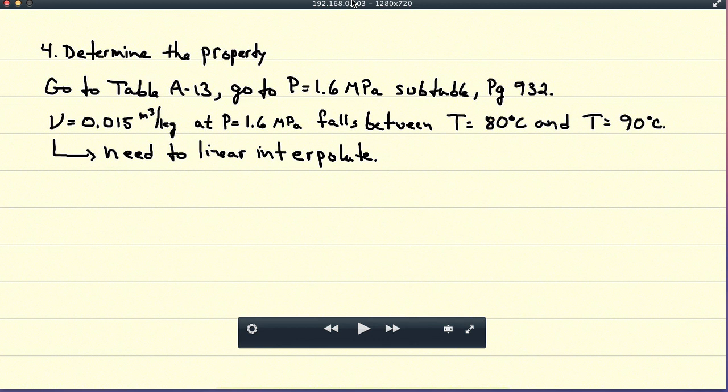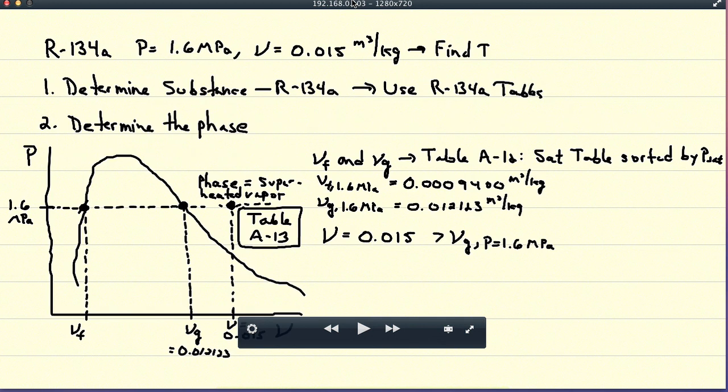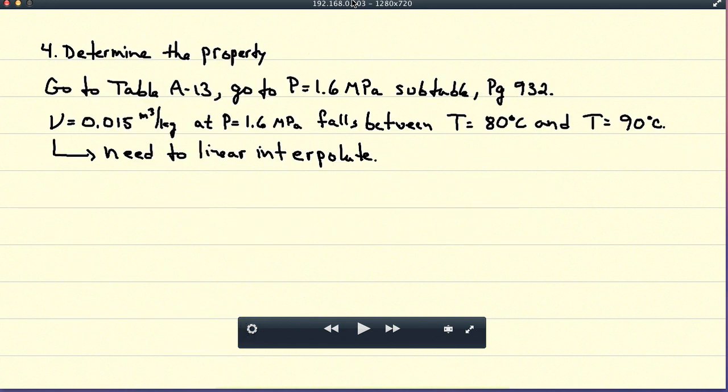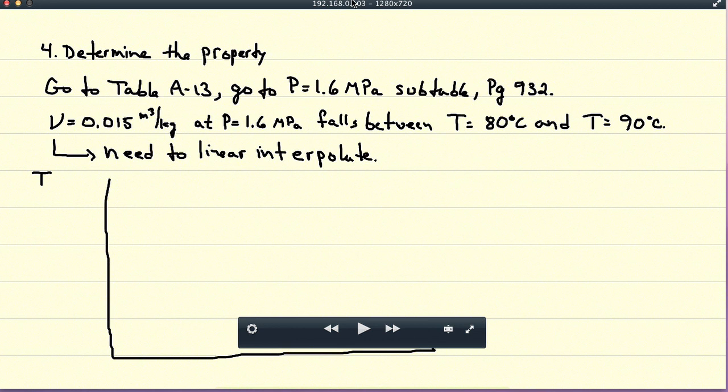If we were to plot the variable that we want to find as a function of the variable that we know. The variable that we want to find is temperature, so that's going to be on our y-axis, as a function of the value that we do know, which in this case is specific volume.